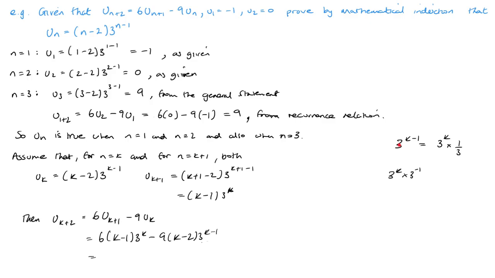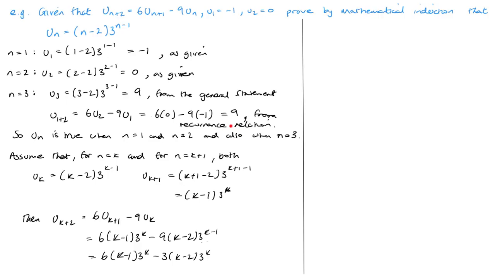So what I can do is replace this with this, and the third times 9 is going to give me 3. So this is going to be 6 times k minus 1, 3 to the k, minus 3 times k minus 2, 3 to the k. Okay, so that now makes it a little bit easier to deal with this expression.